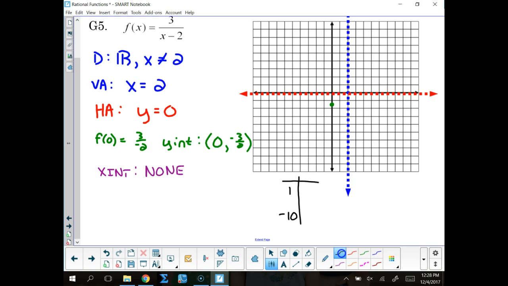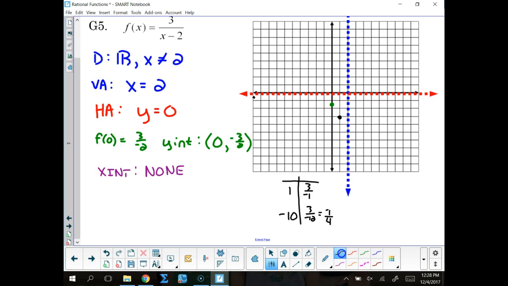I thought I heard negative 41. So that's going to be 3 over negative 1, which we'll call negative 3. So that'd be right about there. And I got to go negative 10. That's going to be 3 over negative 12, which is negative 1/4. So that's going to be right in about there.